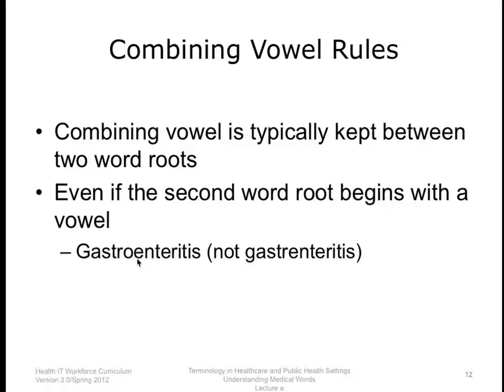The second root word is enter, E-N-T-E-R. Enter pertains to the intestines. The last part of the word, itis, which you'll recall from the last slide we saw, is inflammation. So because we're combining two roots together, gastr and enter, we put an O in here. That leads to gastroenteritis.